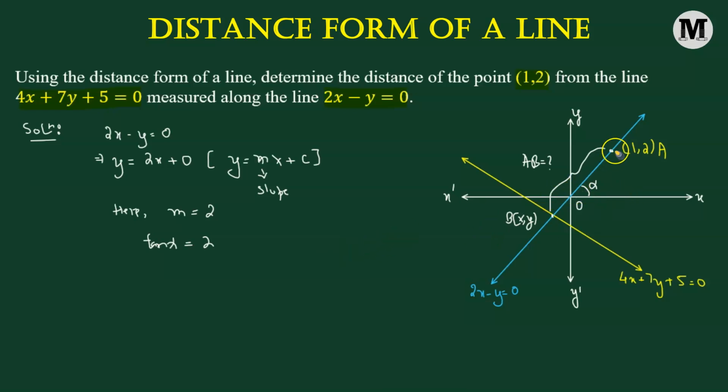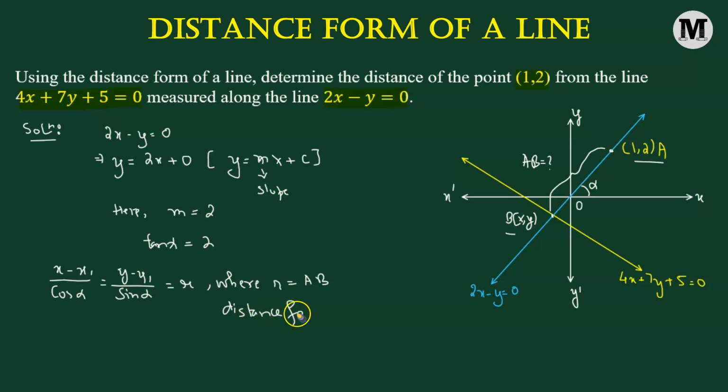Since this line passes through two points, the point A and the point B, we can convert it to the distance form of a line. The distance form of a line states that (x - x1)/cos(alpha) = (y - y1)/sin(alpha) = r, where r is simply equal to AP or AB, the distance between the two points. So this is the distance form of a line.